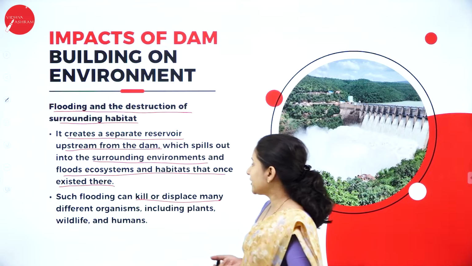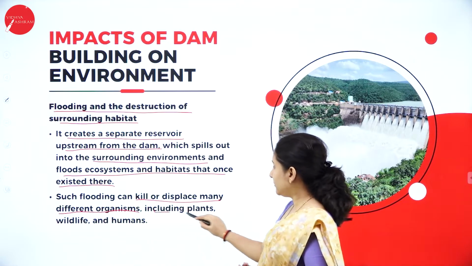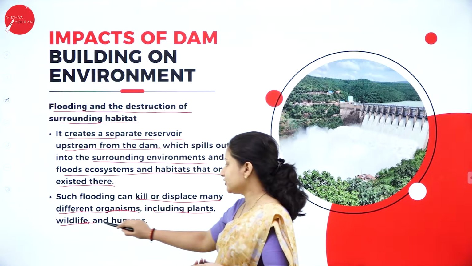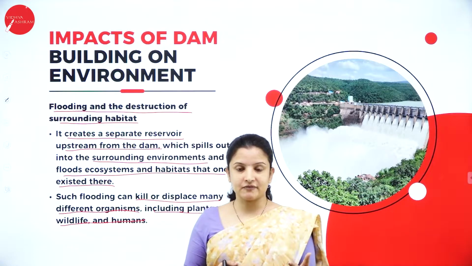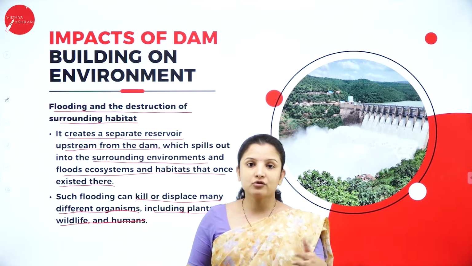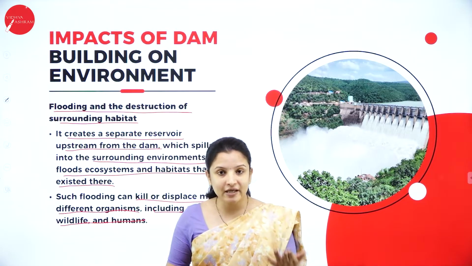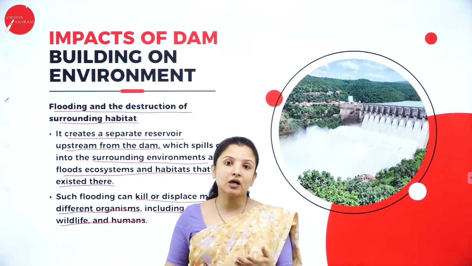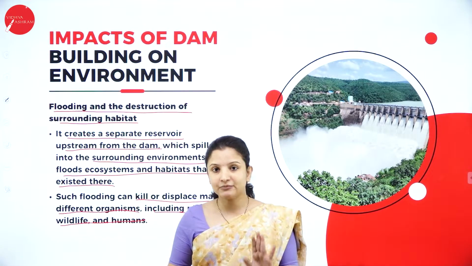And such flooding can kill or displace many different organisms, including plants, wildlife, and also humans. So humans also, if they are not alerted prior that the dam is going to cause flooding. What happens with a dam is, sometimes when there is heavy rainfall, flooding can occur because of dams. Usually the river would be free flowing if the dams are not built.